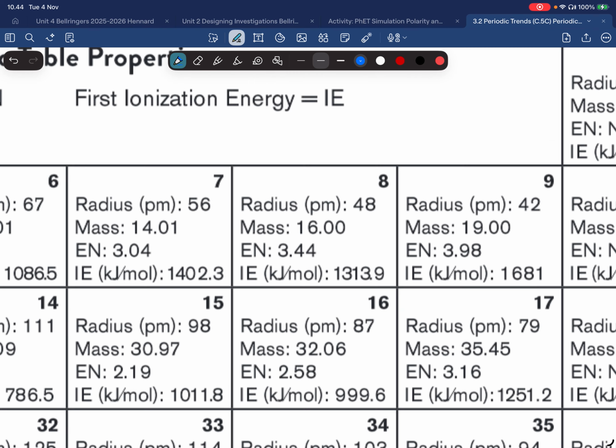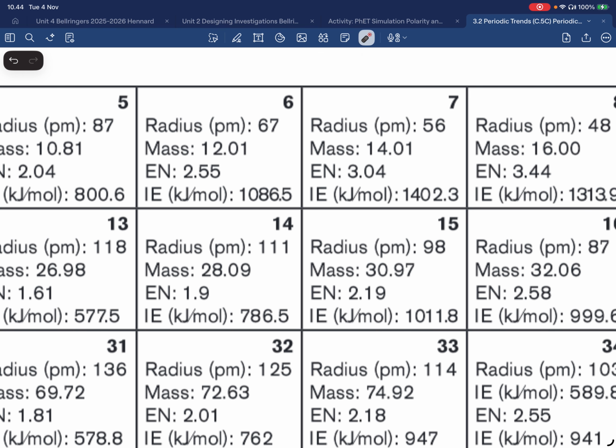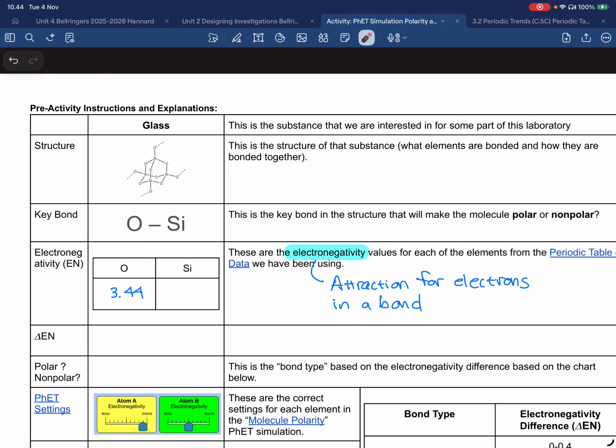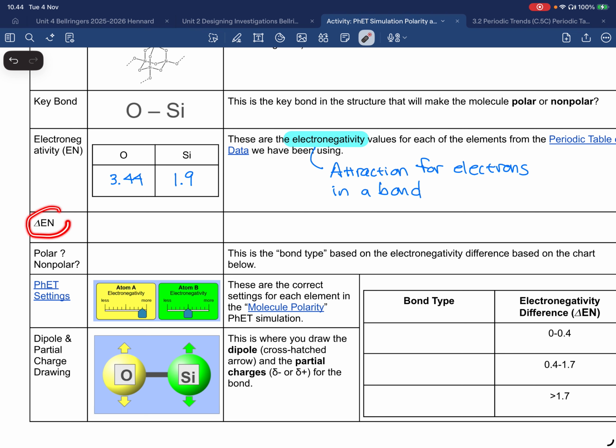Then you're going to do the same thing for silicon, which is element number 14, and the electronegativity is 1.9.